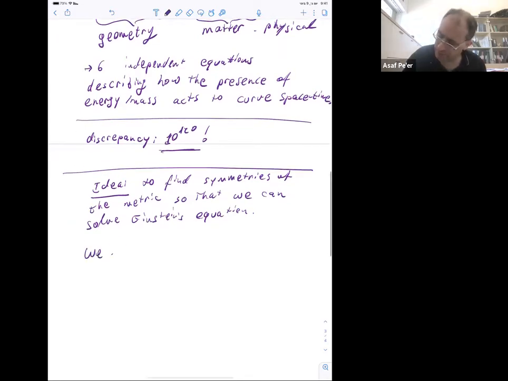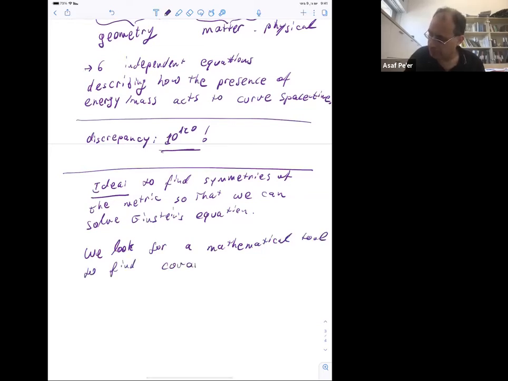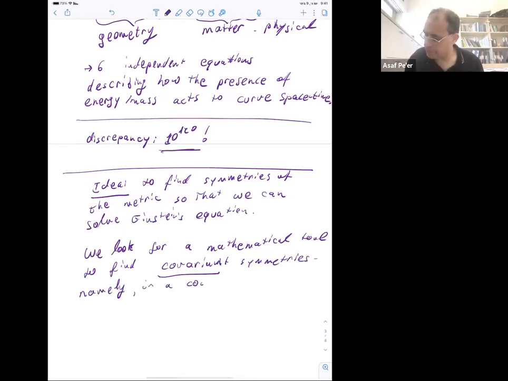We look for a mathematical tool to find symmetries, namely in a coordinate independent way.